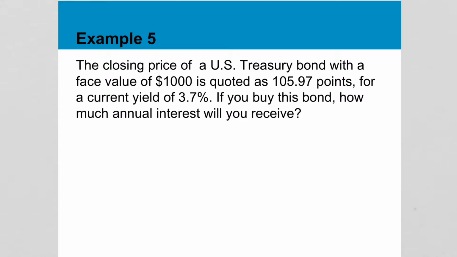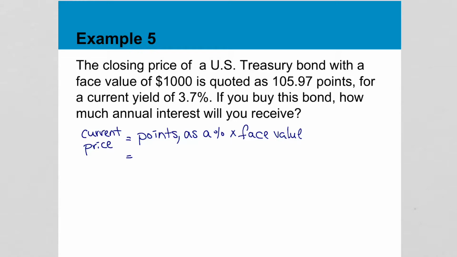So example 5 says, the closing price of a U.S. Treasury bond with a face value of $1,000 is quoted at 105.97 points for a current yield of 3.6%. If you buy this bond, how much annual interest will you receive? We first need to find the current price. And the current price, it said, was the points as a percent times the face value.